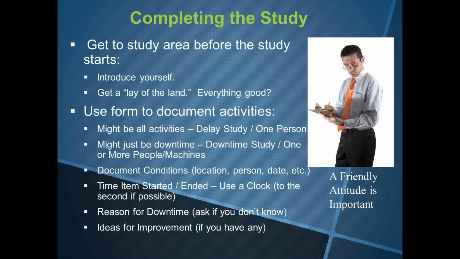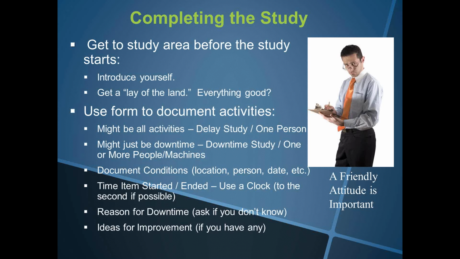Now, if you're doing a delay study, and I'm mentioning this because it's the same technique, in a delay study you're going to be observing every single second. So you're only going to be putting in the time the new activity started, because the next activity that starts will be when the previous activity ended. It's a continuous 100% time, and I'll show you the form here in a second, but that's the difference.